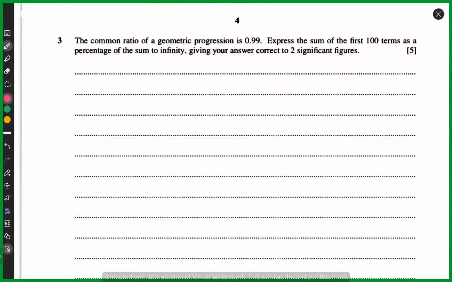Now something should come to your mind. This is a geometric progression and the common ratio is less than 1, so the next term is going to be less than the previous one, and gradually the terms are reducing. Their value is decreasing because r is less than 1. It's 0.99.